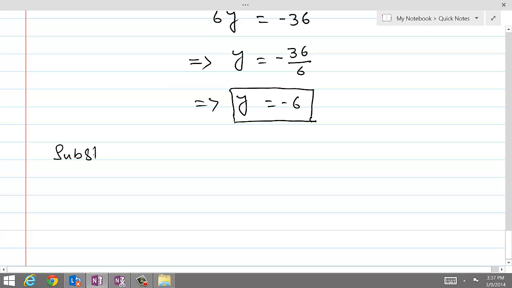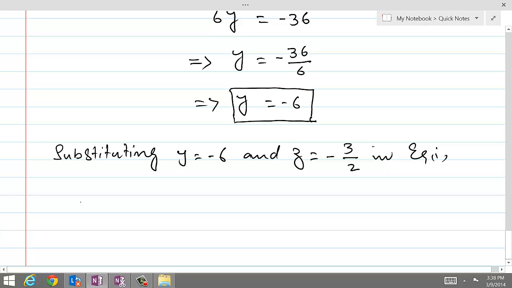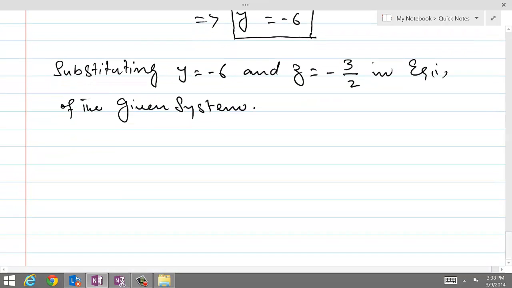Substituting y is equal to minus 6 and z is equal to minus 3 over 2 in equation 1 of the given system. What we will get is the value for x.